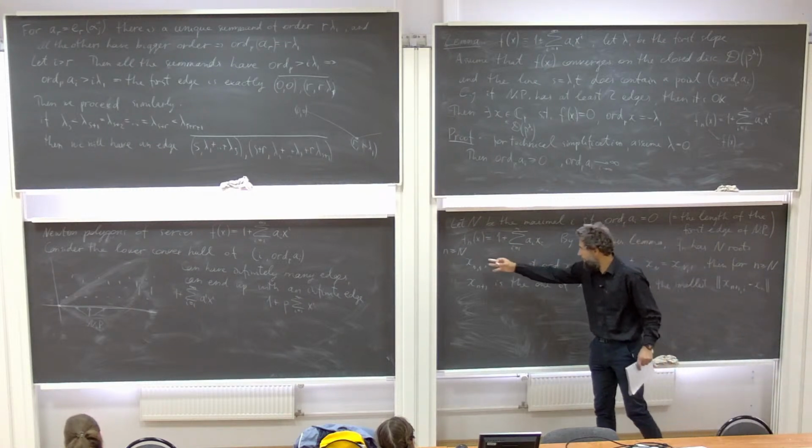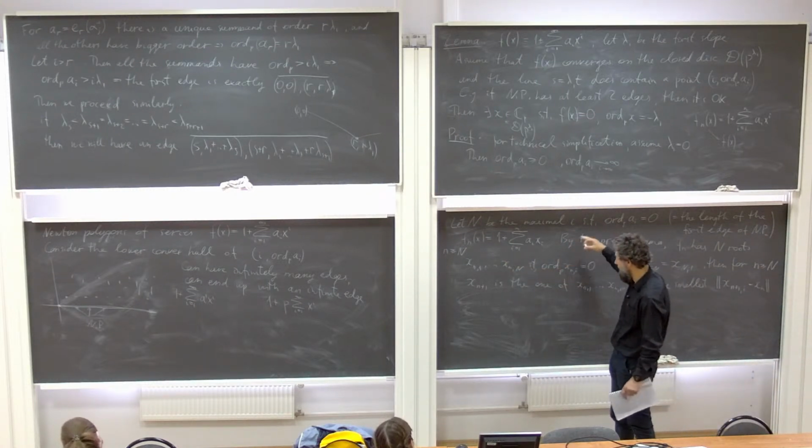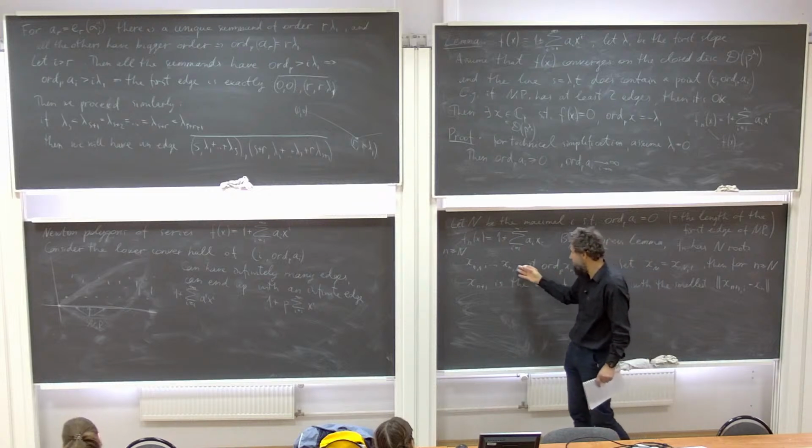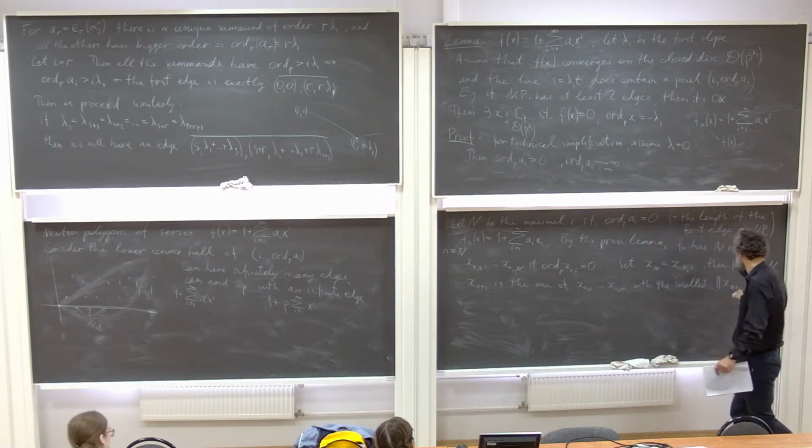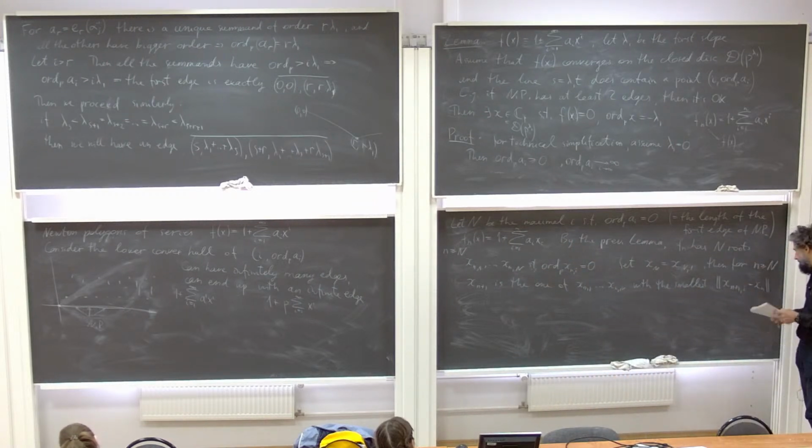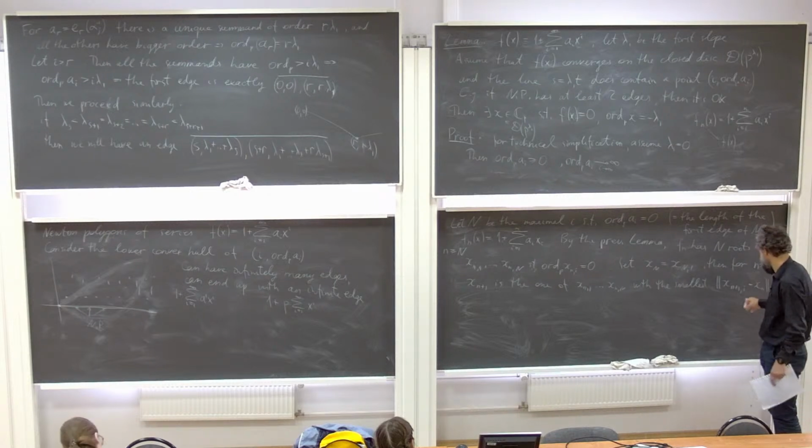So we have a supply of roots of this order at each step, and among them we choose just the closest one to the previous one.